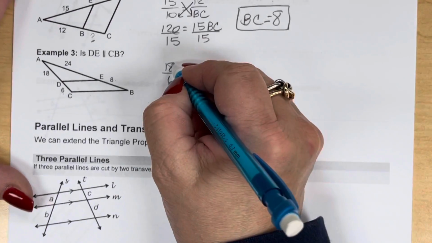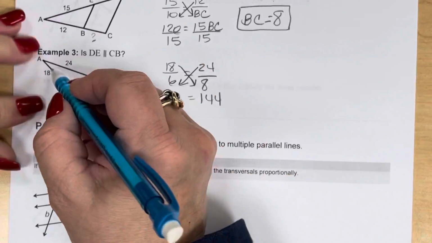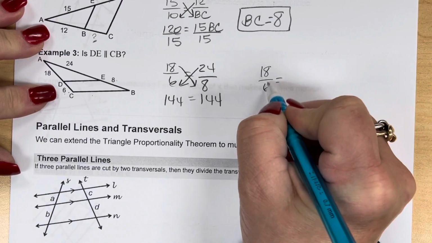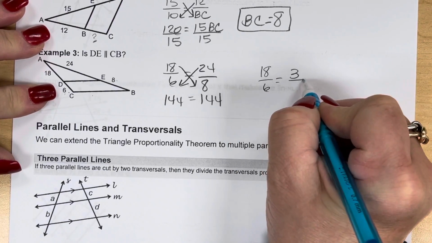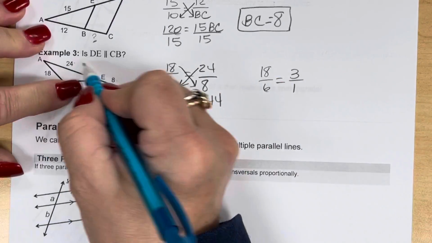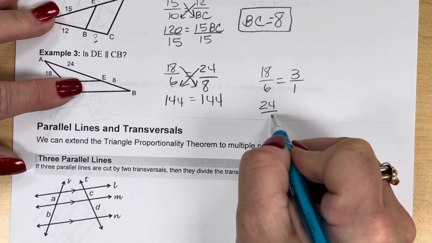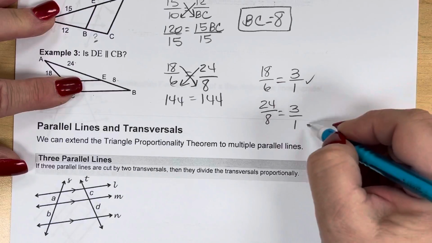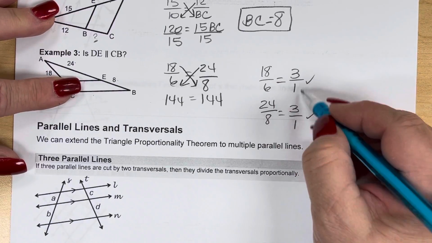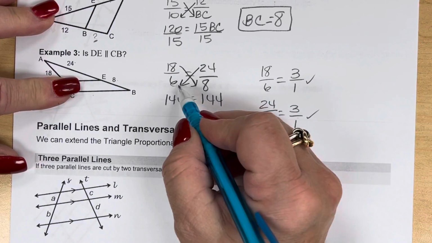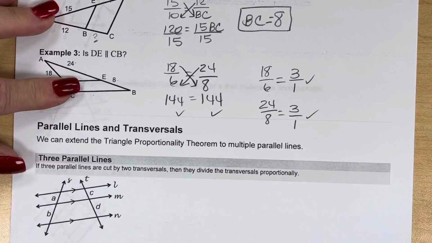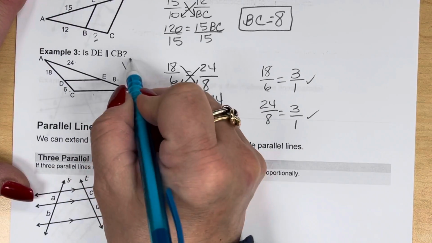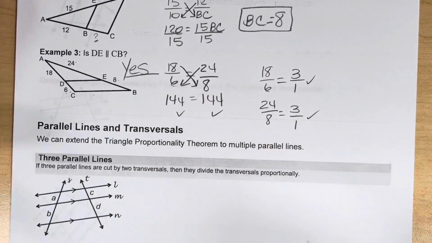And I'm just going to go ahead and show you the other way. You could also do 18 over 6, simplify that to 3 over 1. And then 24 over 8, which would also simplify to 3 over 1. So when it turns out to have the same number, or when you cross multiply and you have an equal proportion, then that lets you know, yes, these lines are parallel.